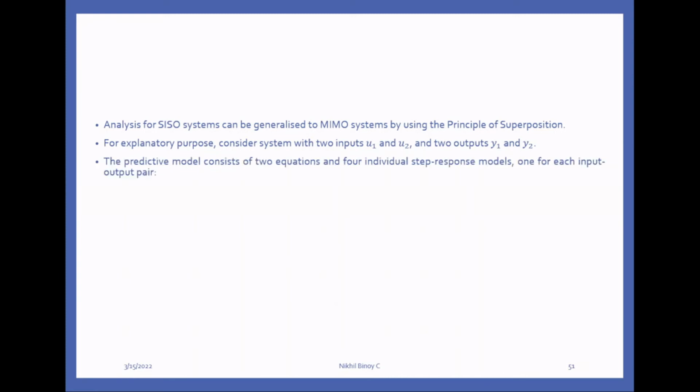For explaining purposes, consider a system with two inputs U1 and U2 and two outputs Y1 and Y2. So the predictive model consists of two equations and four individual step response models, one for each input-output pair. Please note, we have two inputs and two outputs, which means four individual step response models. So we can write y1 of k plus 1.